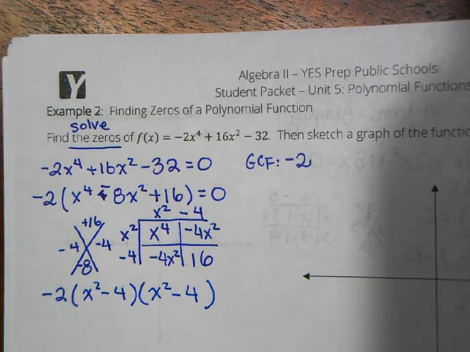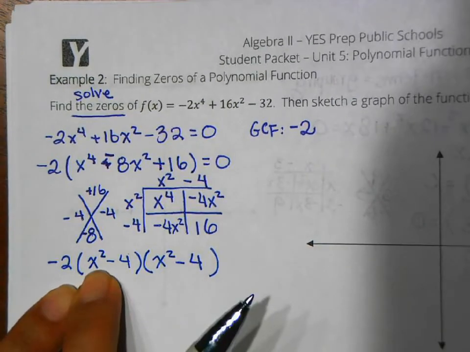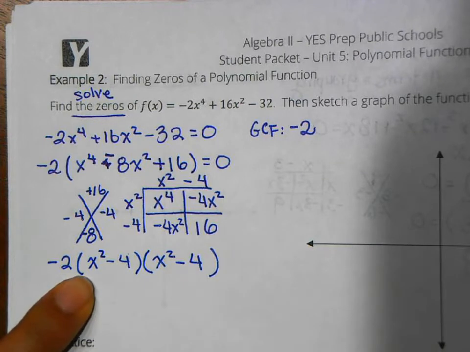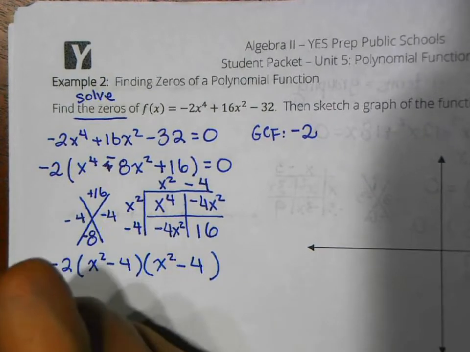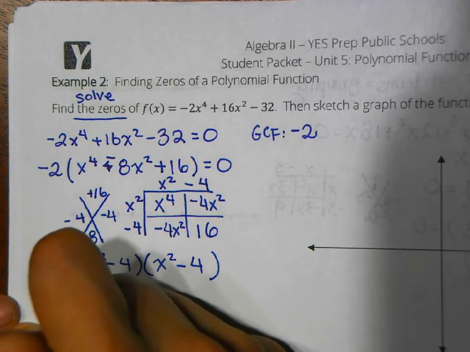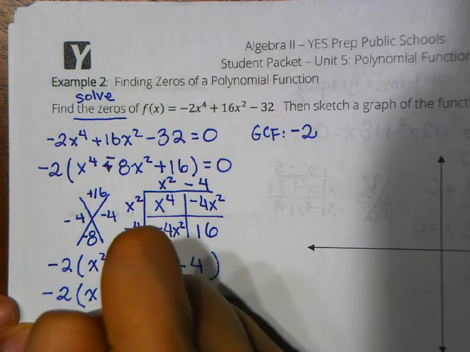Now this is tricky because x squared minus 4 is a special pattern. This is a perfect square minus a perfect square. That is an a square minus b square. I can rewrite that as negative 2 times x minus 2 times x plus 2.